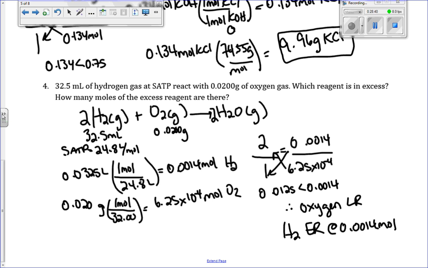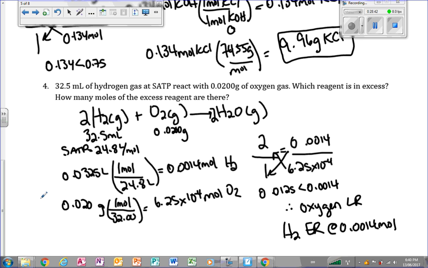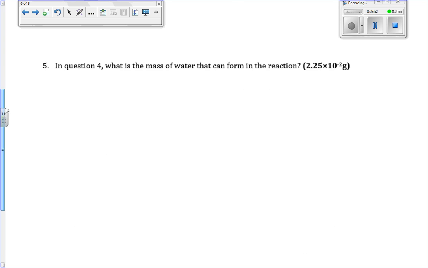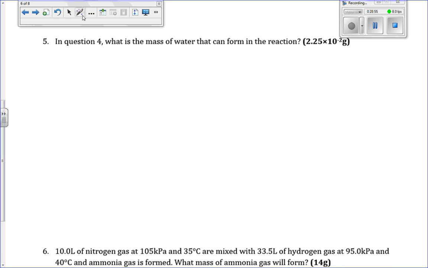Moving on to question number 5, which says, in question number 4, which is the one we just did, what is the mass of water that can form in the reaction? Well, we know that our limiting reagent is the oxygen.